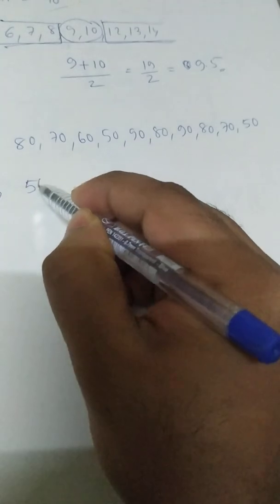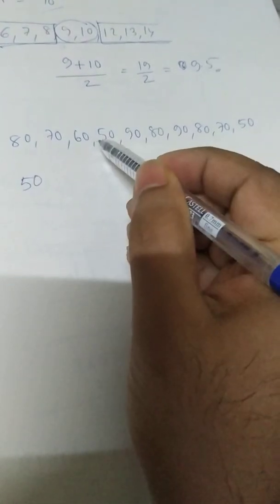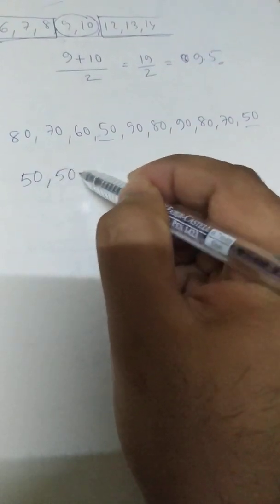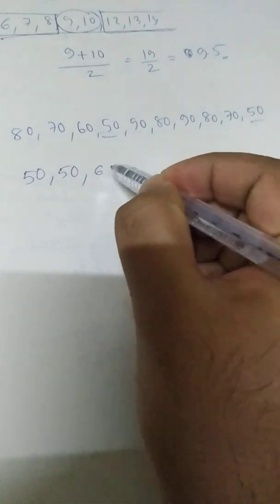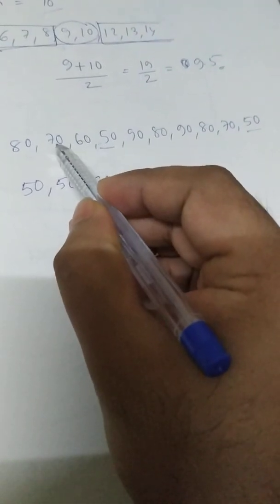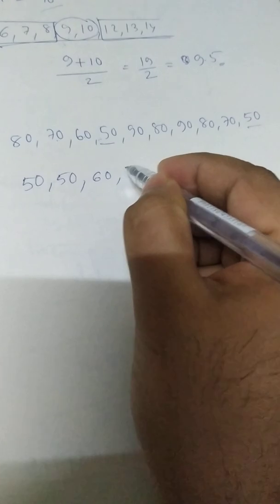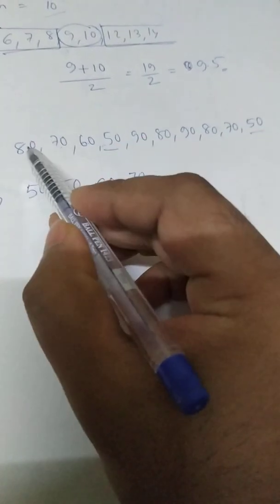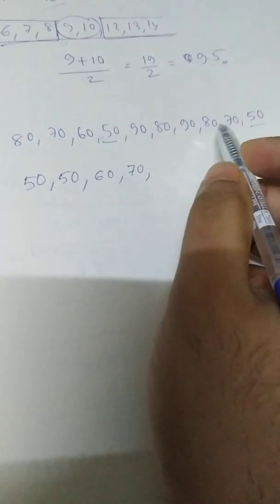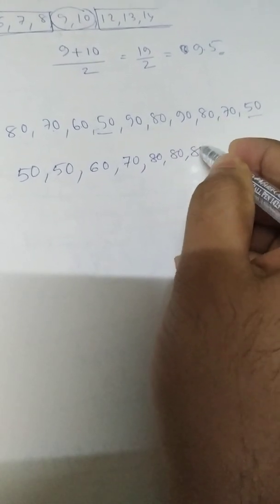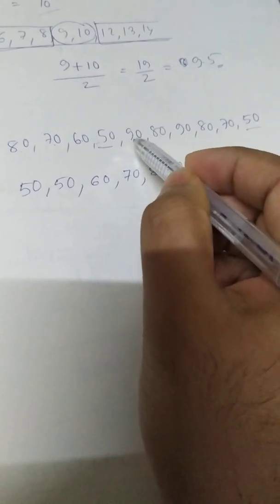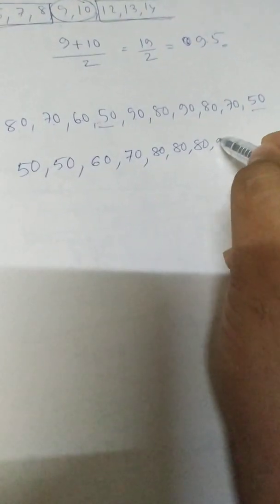It starts with 50. How many times 50? 2 times. Next 60, 1 time. Next 70, 2 times. 80, 1, 2, 3 times: 80, 80, 80. And finally 90, 2 times.